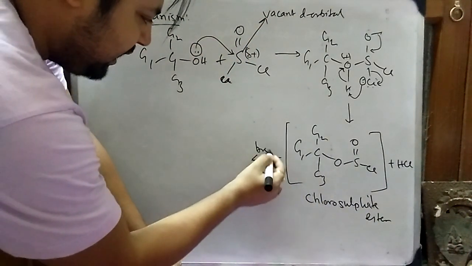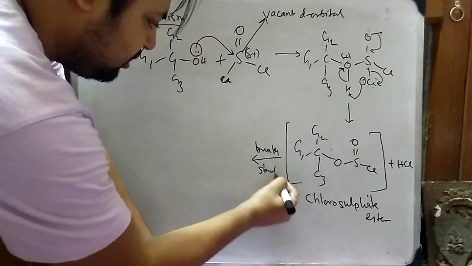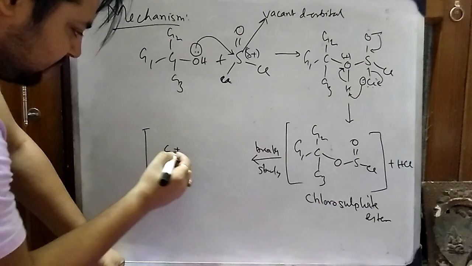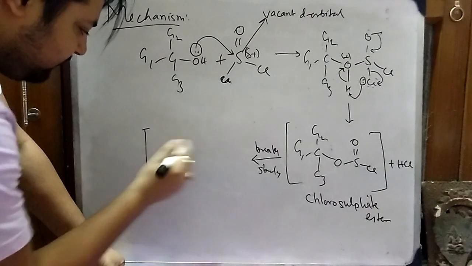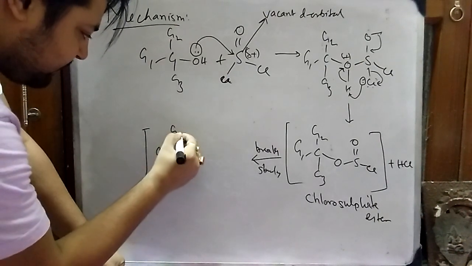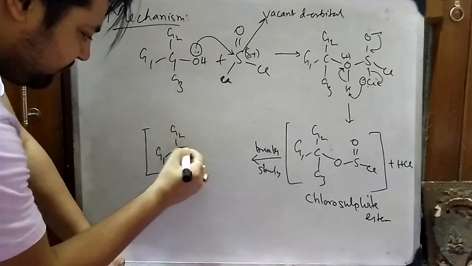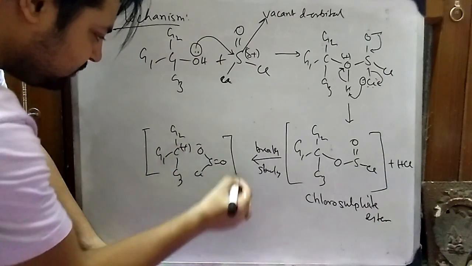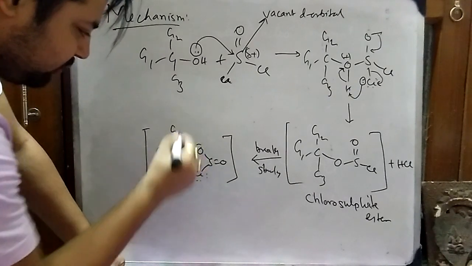This breaks slowly to give an intimate ion pair, consisting of a carbocation and a nucleophile.